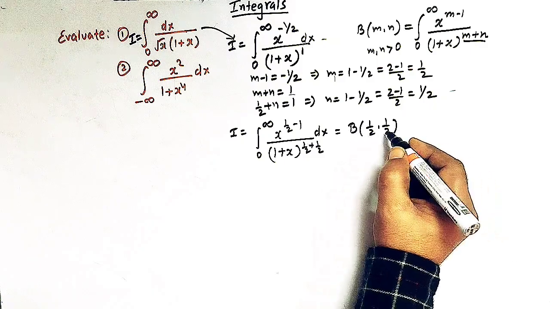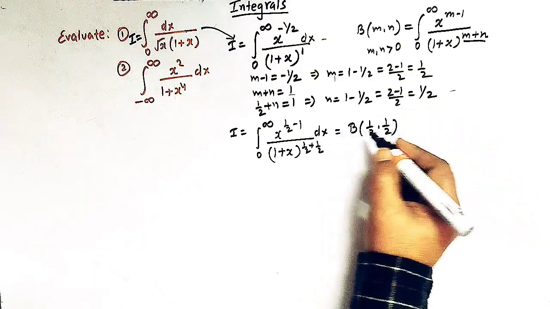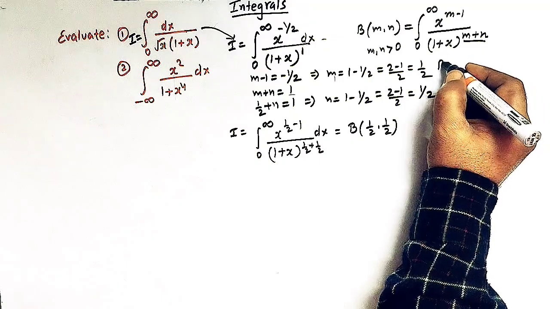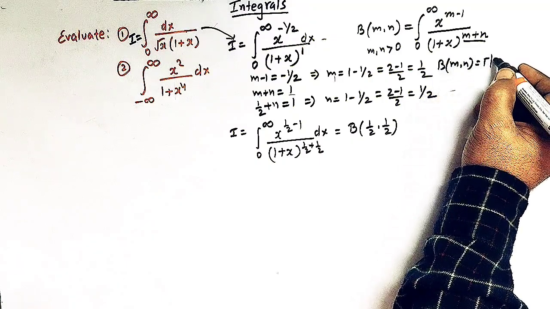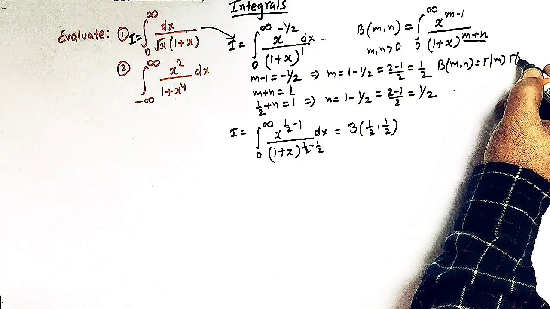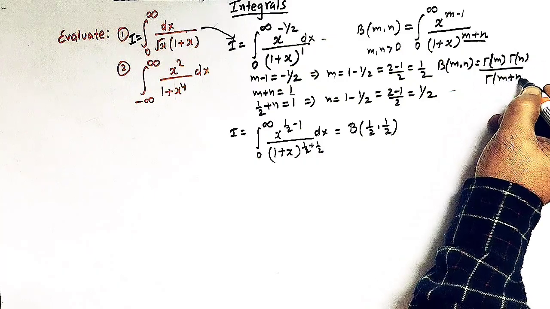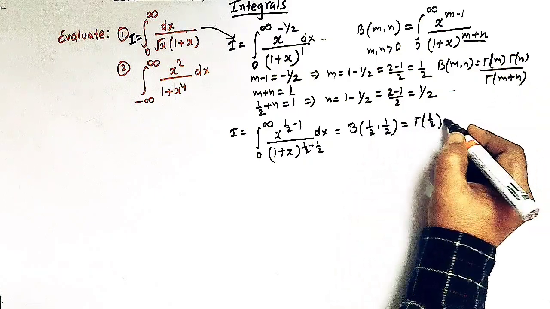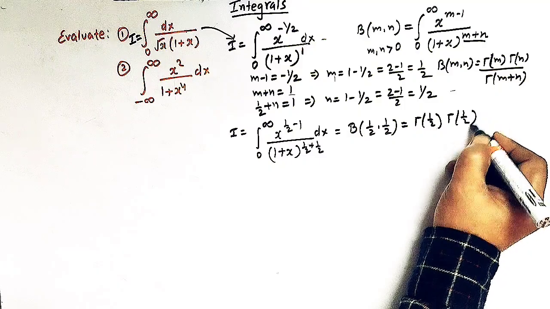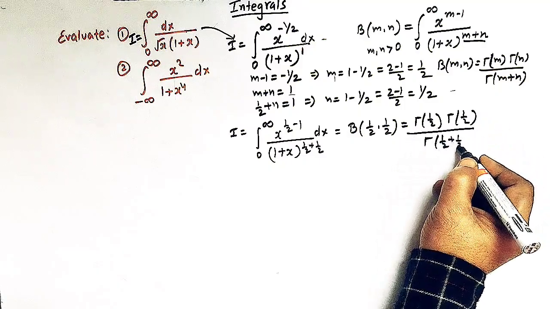Now here we'll make use of an important result connecting the beta function with gamma function, that is beta m comma n is given by gamma m gamma n divided by gamma m plus n. So here we can now write gamma half, then gamma half, and then gamma half plus half.